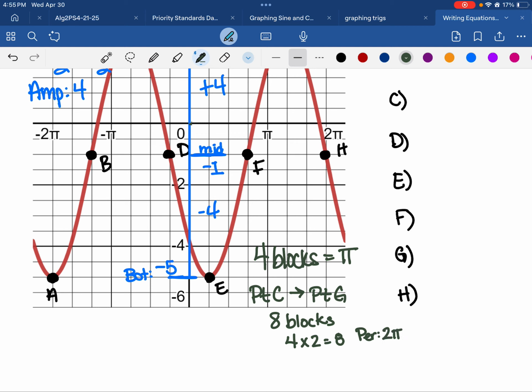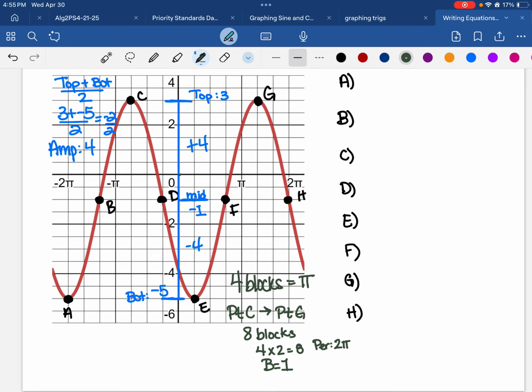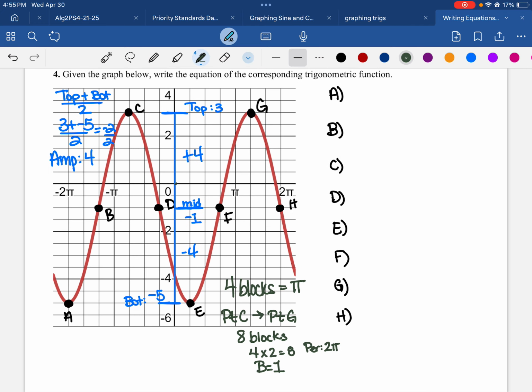Since my period is 2 pi, that means my b value is equal to 1, since it didn't change, and so I have the values I want. These are constant values that do not change as we do the problem. So my amplitude is 4, my midline is -1, and my b value being 1 does not change.